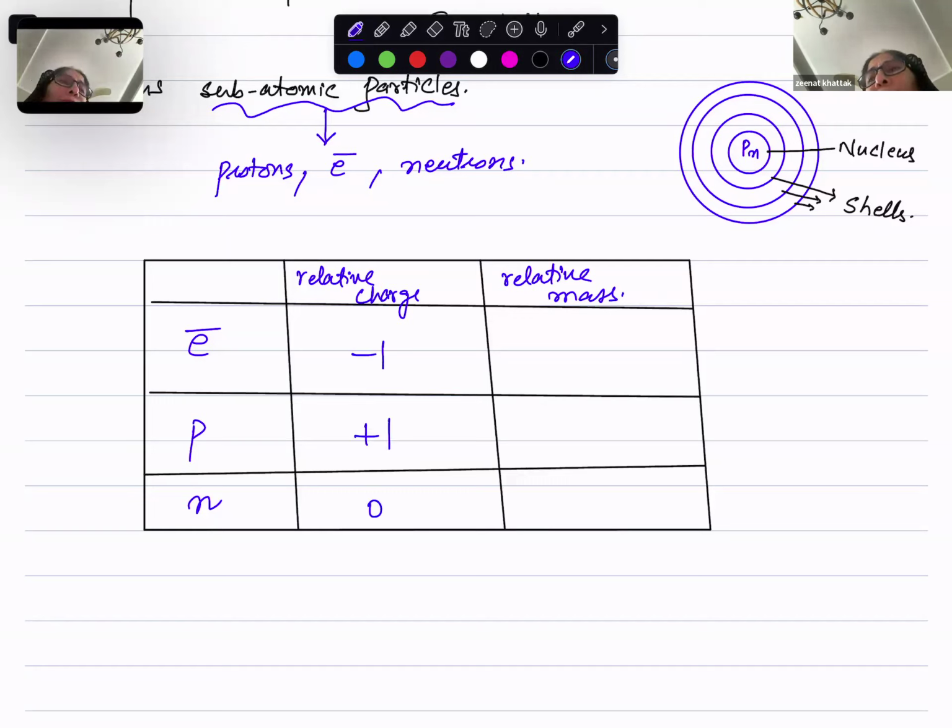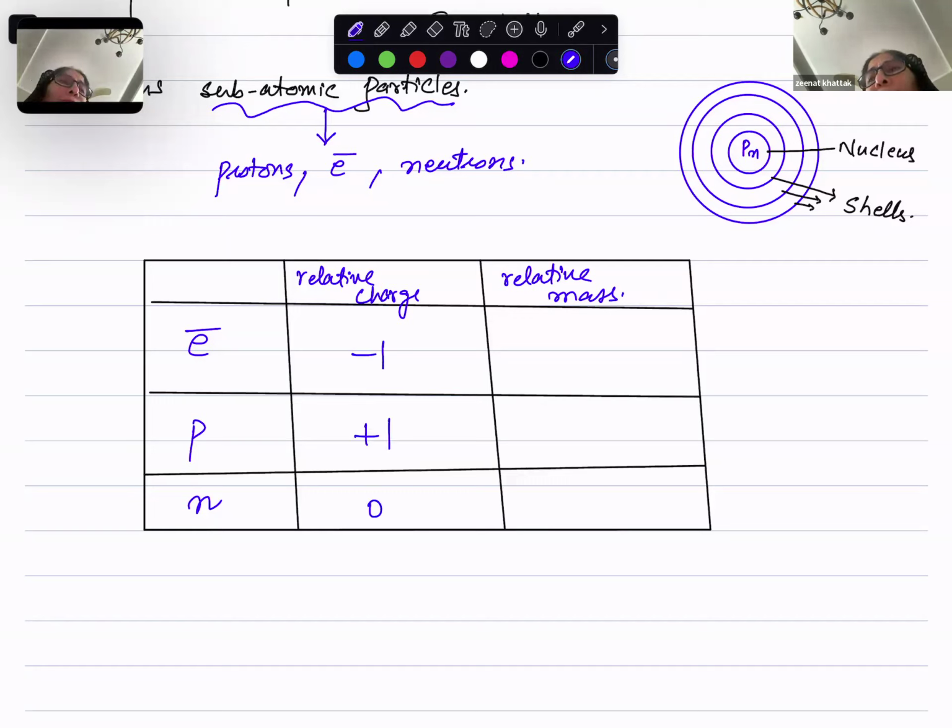Now, next point: atoms contain positive and negative charges, but an atom has no charge. This pen is made up of atoms and molecules, they contain electrons and protons, but I don't feel any electric shock. Why? Because the protons are equal to electrons. The positive charge is equal to the negative charge.